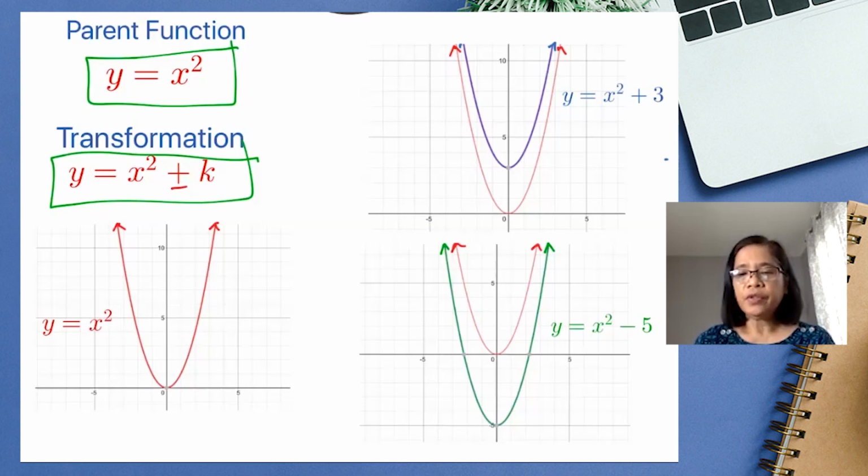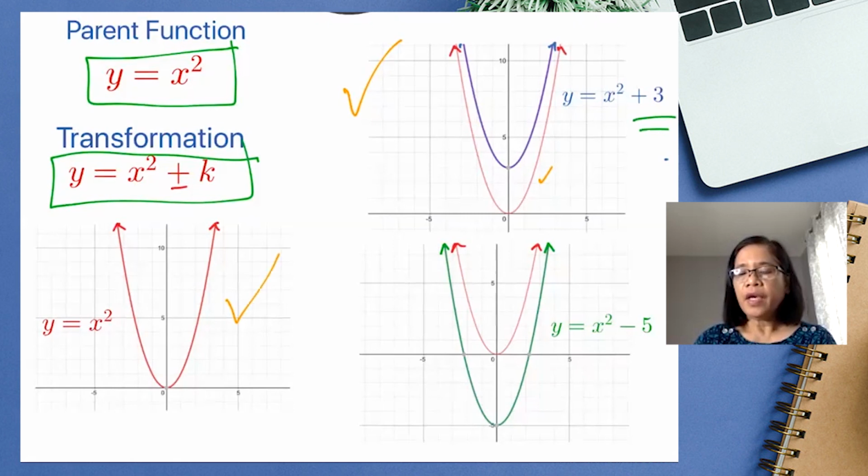Let's start first with the graph here on top. Our parent function y equals x squared is the red graph. And we have here added plus 3.